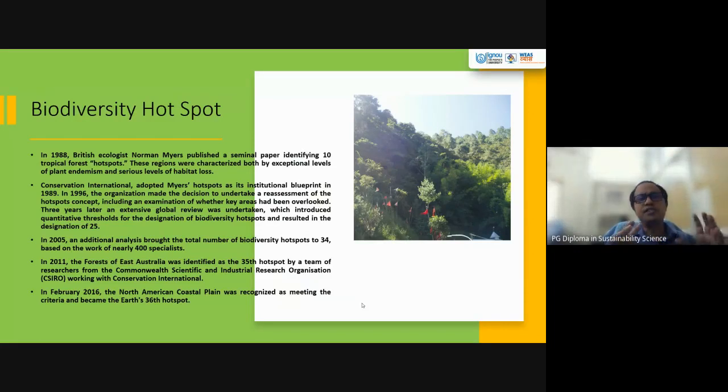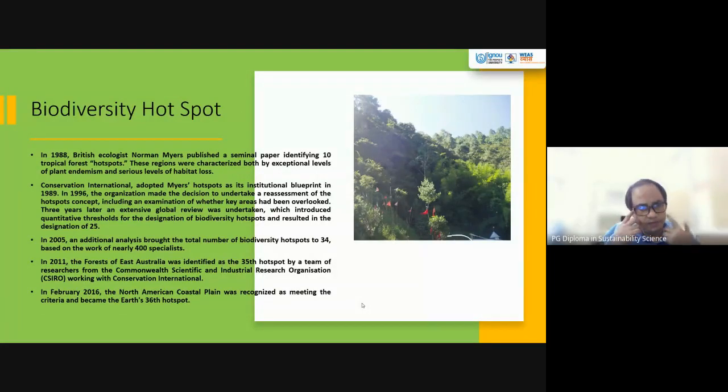A biodiversity hotspot is a large area where the diversity of species is high, plus you will find some specific species which are endemic to that area, meaning the species is not available in any other part of the world. Such an area is called a hotspot. India has a few hotspots, right?